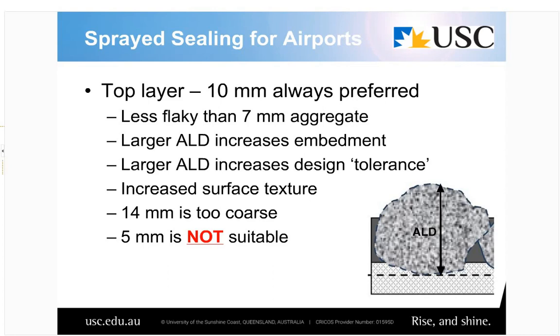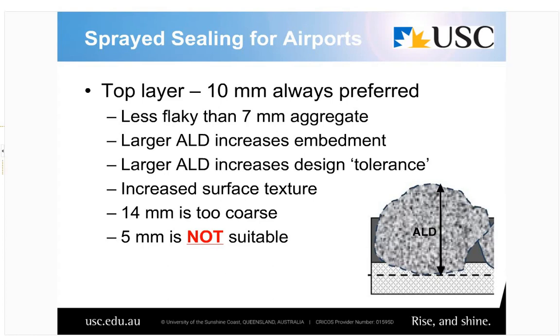And the reasons are that 10mm aggregate, for some reason, when it's crushed up in a crushing process, always seems to come out a little bit nicer shaped. It's more cubical and more evenly shaped, whereas a 7mm aggregate tends to come out more flaky more often.